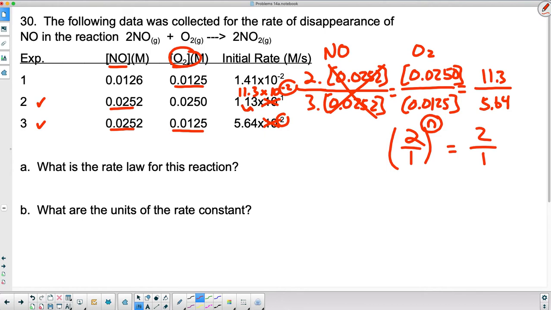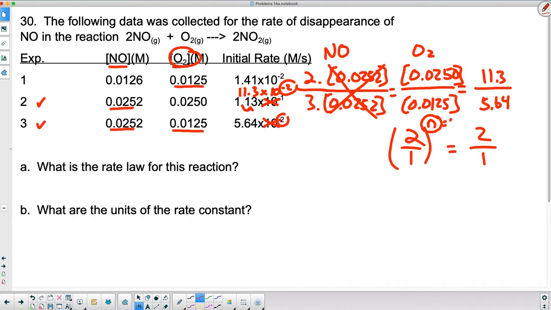I have to get NO out of the way, which I did by using two experiments where they're the same concentration, and then I used experiments 2 and 3. So 2 was double the concentration of 3 for O2, the 0.0250 over the 0.0125, and then that is to some order, and in this case, if I put a 1 in for n, that makes this equation correct.